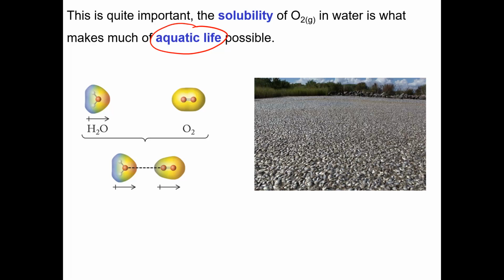No large animals would be able to live in aquatic environments. Now, this interaction is pretty weak, and if a sample of water gets a little bit warm, that bond gets broken because everything's moving around quite quickly and there's enough energy to break it, and the oxygen will leave the water. When that happens, typically everything in that sample of water will die.